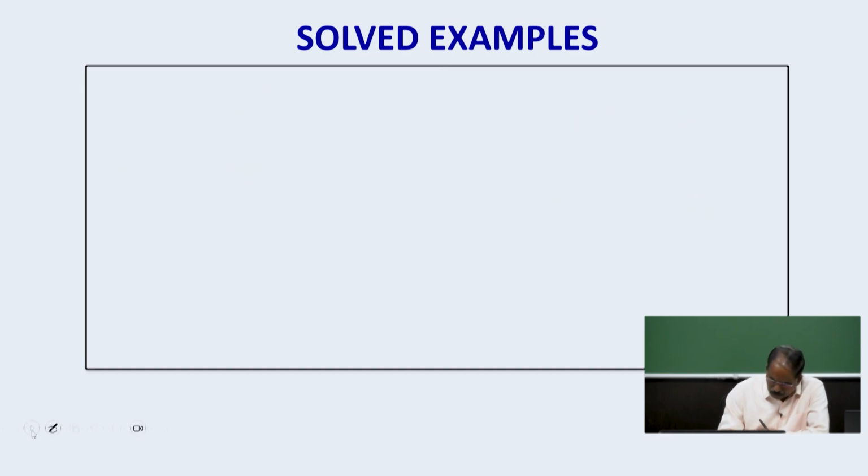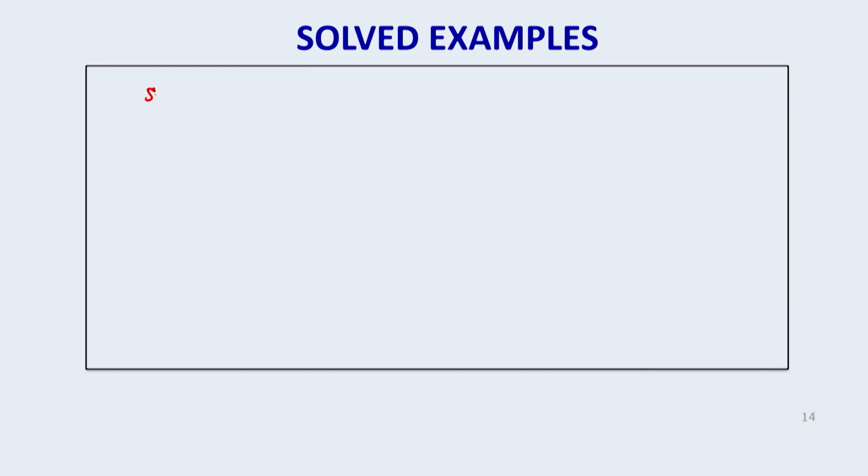So now let us move to state point 3. H3 is equal to the liquid enthalpy at temperature T3. T3 is nothing but the condenser temperature, that is 32 degrees centigrade.